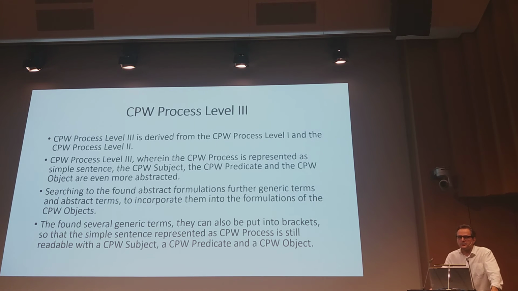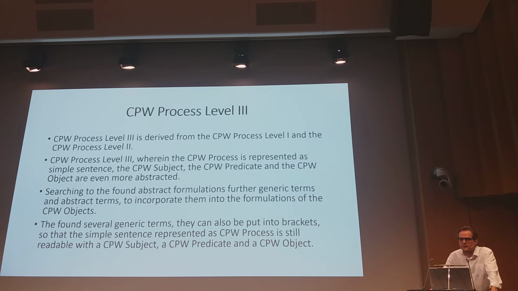So now we are coming to the CPW process level 3. The CPW process level 3 is derived from the CPW process level 1 and the CPW process level 2. In the CPW process level 3, the CPW process is represented as a simple sentence with the CPW subject, the CPW predicate, and the CPW object, which are even more abstracted.